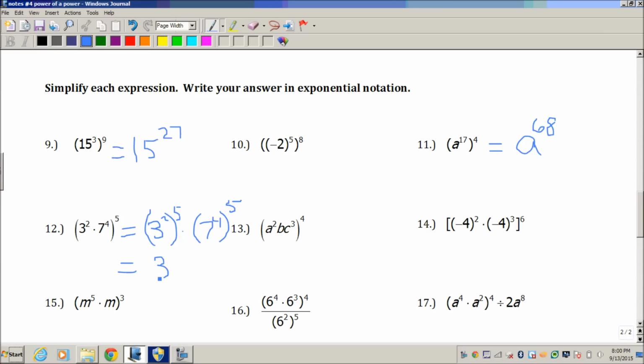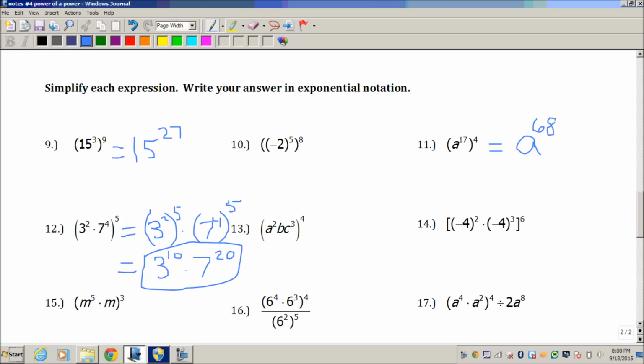We're going to have 3 to the 10th times 7 to the... I'm going to multiply 4 times 5, and I'm going to get 20. So this simplifies to 3 to the 10th times 7 to the 20th power. And again, we cannot simplify that further because 3 and 7 are different bases.